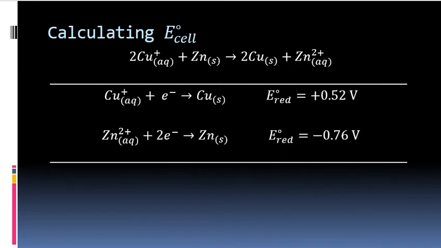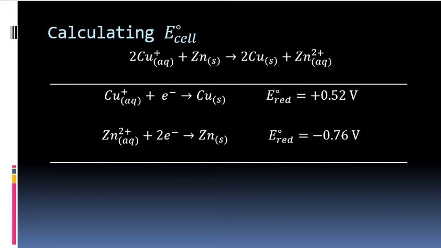Now, just for one example, this looks similar to our Hess's law setup for Gibbs free energy, but it's actually going to be slightly different with how we change the numbers around. But for this particular setup, we're taking 2 moles of copper 1 plus and reacting it with solid zinc to essentially form 2 moles of solid copper and zinc 2 plus ion.